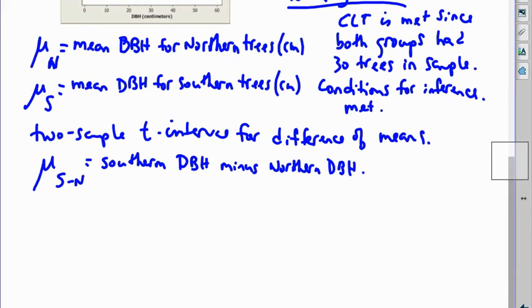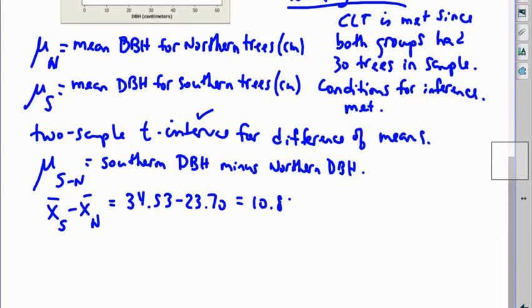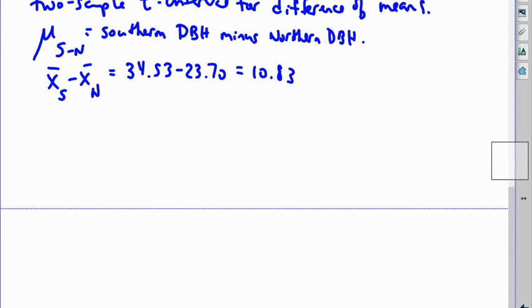since we're doing an interval, that means we will use the sample values for our point estimate. So x bar s minus x bar n gives us 34.53 minus 23.70, which is 10.83. That's our best point estimate. Now we're going to find our, because remember, you do your statistic plus or minus your critical value.